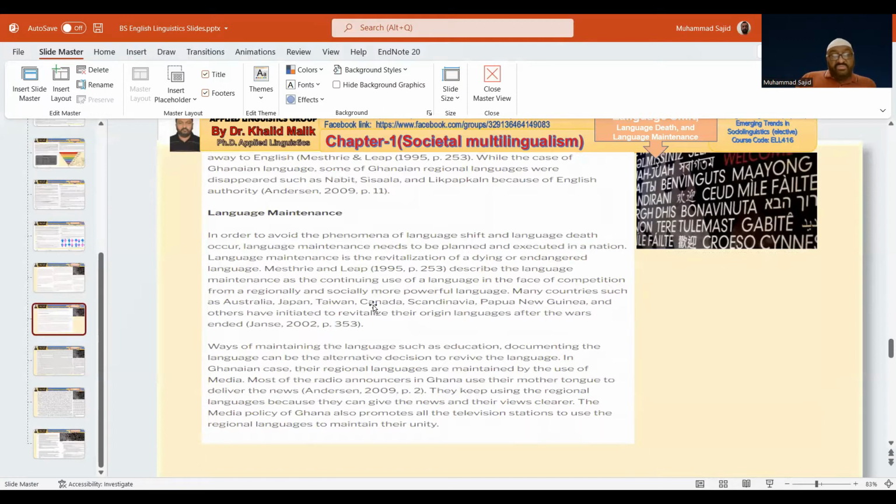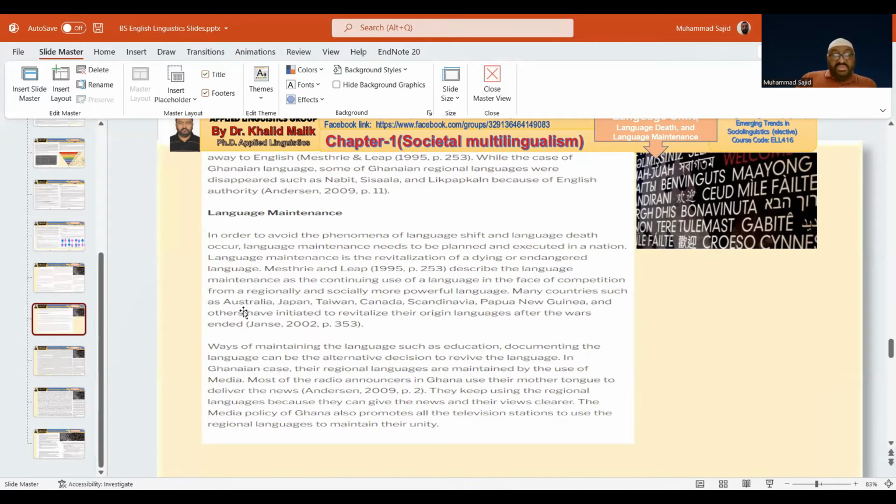Okay, Mesthrie and Leap described language maintenance as the continuing use of a language in the face of competition from a regionally and socially more powerful language.